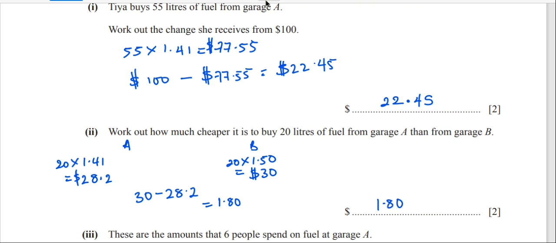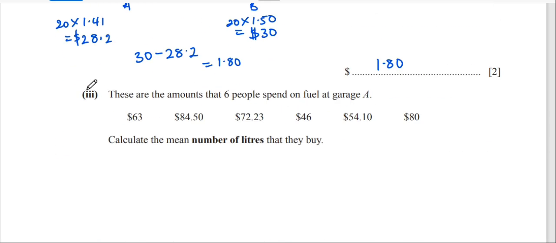So we find the total amount 20 liters can buy in garage A and the amount in garage B, then you subtract. All right, so let's move to the next question. The next question says that these are the amounts that these people spend on fuel at garage A. So they ask you to calculate the mean number of liters that they can buy.